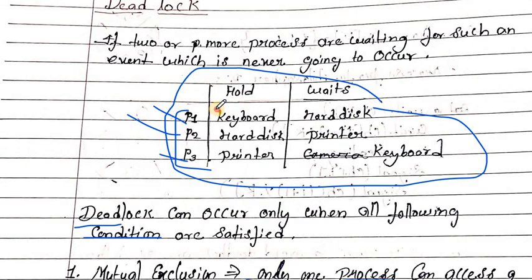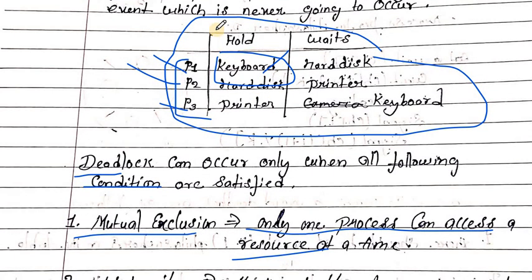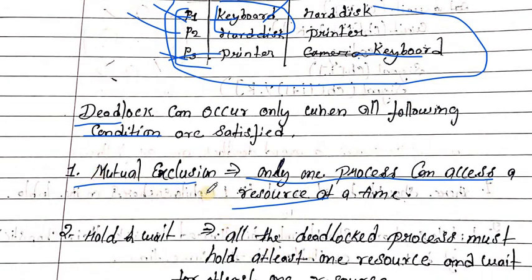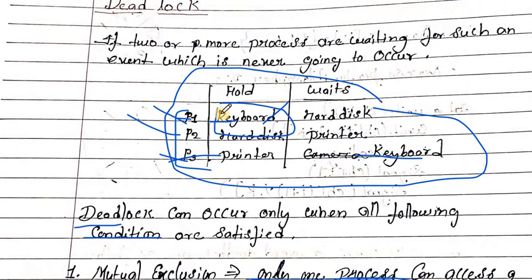Here, only one process can hold the keyboard at a time. If multiple processes could hold a single device, then deadlock wouldn't occur, because if P3 and P1 both got access to the keyboard, the deadlock wouldn't happen. But here there is mutual exclusion.